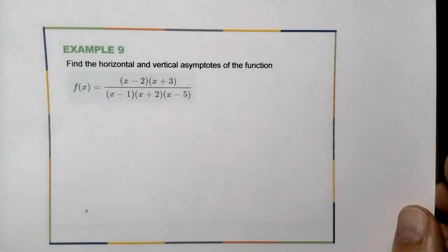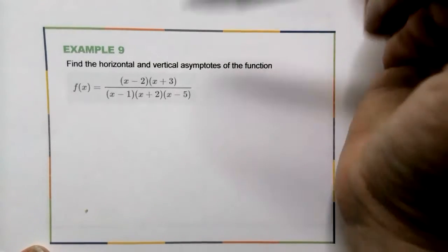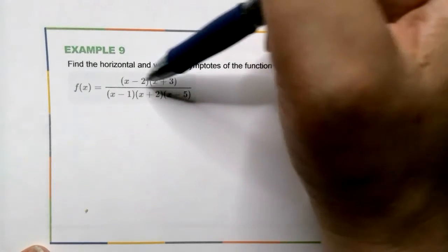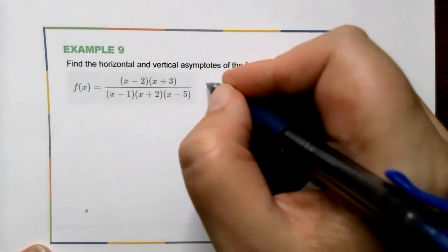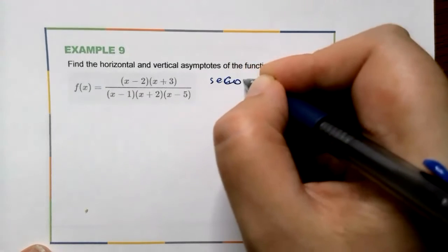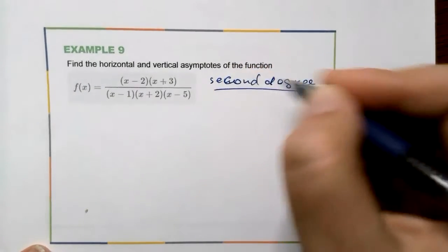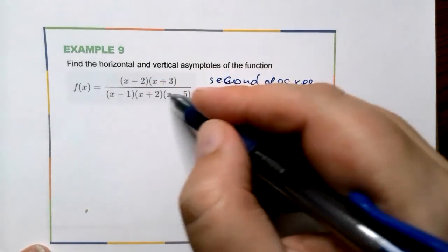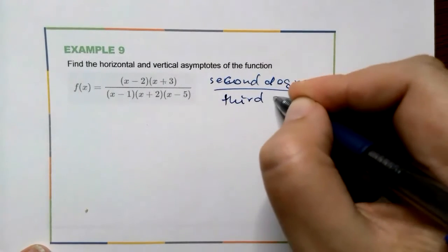All right, next example, number 9. Find the horizontal and vertical asymptotes of the function. First of all, in the numerator we have two factors, which is a second degree polynomial, and in the denominator we have 3 factors, which indicates a third degree polynomial.